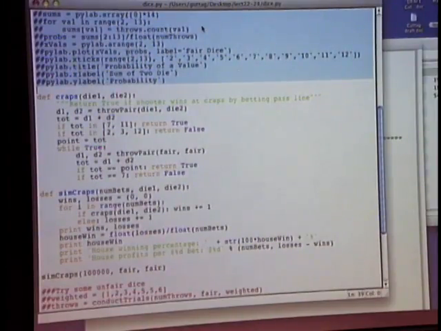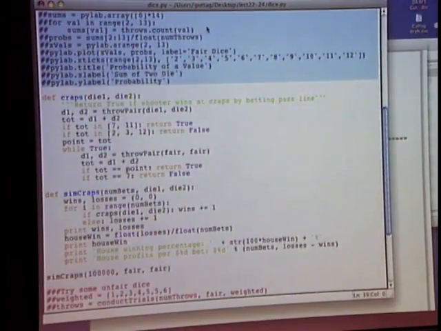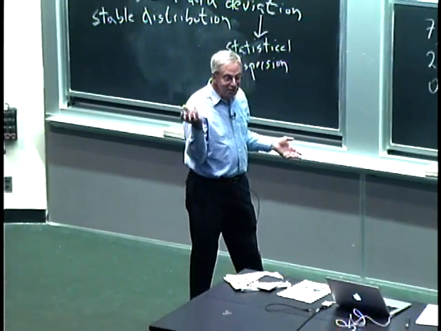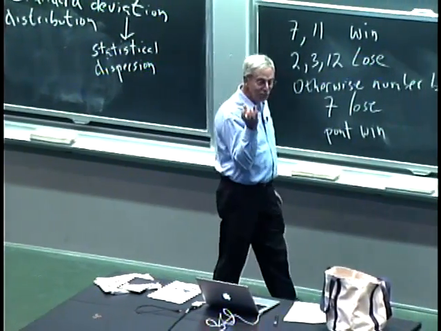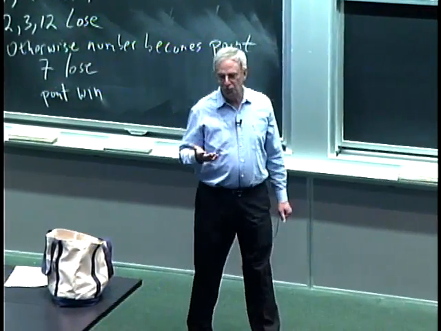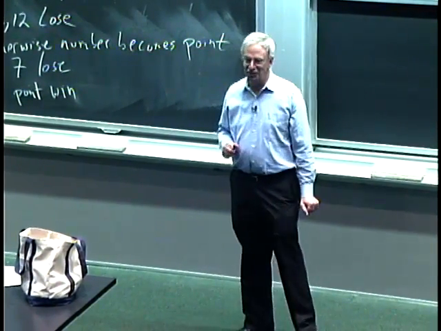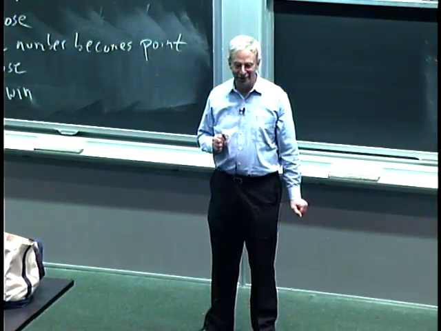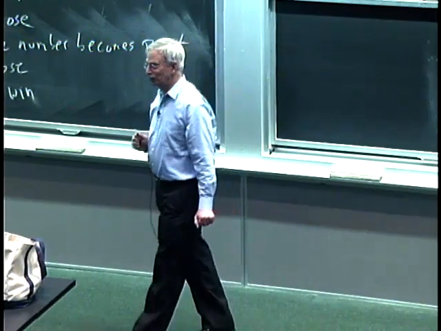Well, you can imagine when you looked at that old bone I showed you that it wasn't exactly fair, that some sides were a little heavier than others, and in fact, you didn't get, say, a 5 exactly 1/6 of the time. And therefore, if you were using your own dice instead of somebody else's and you knew what was most likely, you might do better. Well, the modern version of that is people do cheat by putting little weights in dice to just make tiny changes in the probability of one number or another coming up.